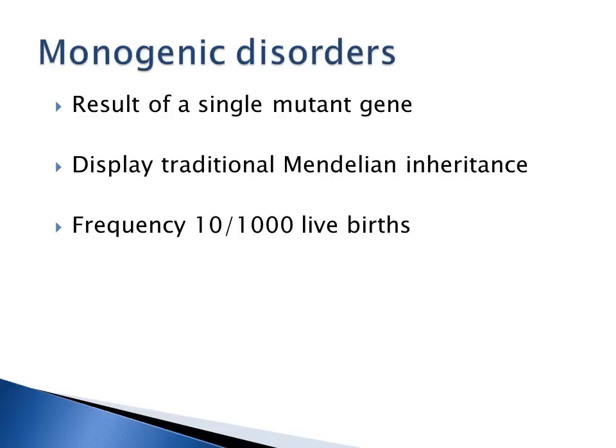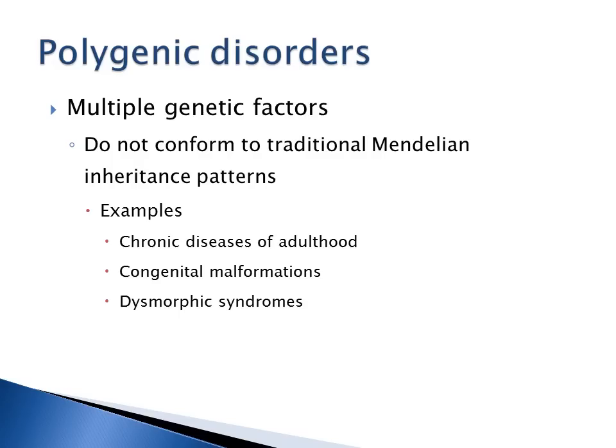Monogenic disorders, your single gene diseases. These are diseases that display traditional Mendelian inheritance, and they're pretty frequent, 10 in 1,000 live births. Polygenic disorders are a little bit more difficult to analyze.